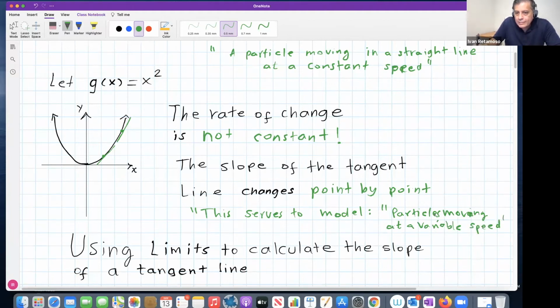Yeah, this approach is more useful. Okay, and particles moving in a straight line, always a straight line, at a variable speed.